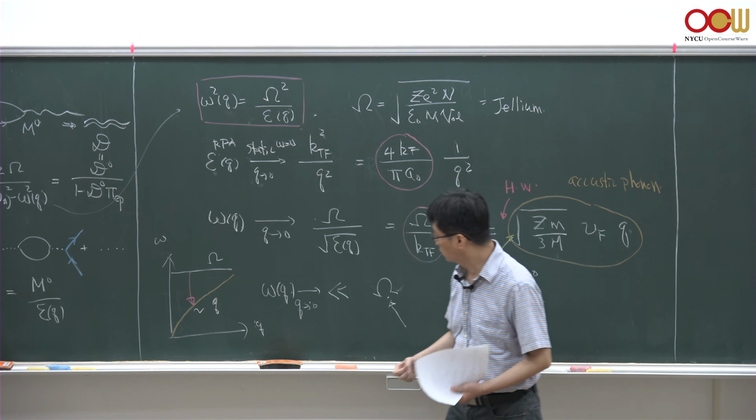And the reason why this is acoustic is precisely because either the electron-electron Coulomb interaction or the ion-ion Coulomb interactions are short-ranged. Okay, so they are screened. As a result, you will get this acoustic phonon mode.